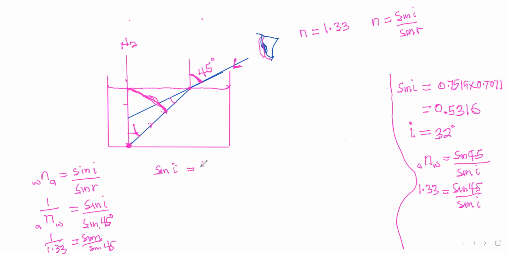Sine 45 is root 2 on 2. So if you divide root 2 by 2, it will give you 0.7071. This divided by 1.33. I therefore is equal to the sine inverse of this ratio.